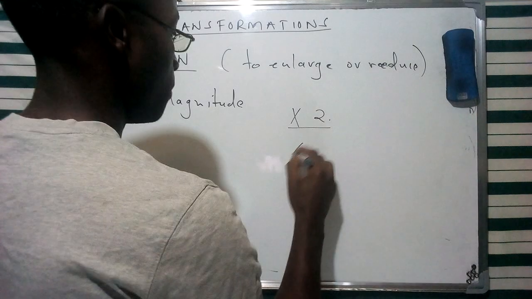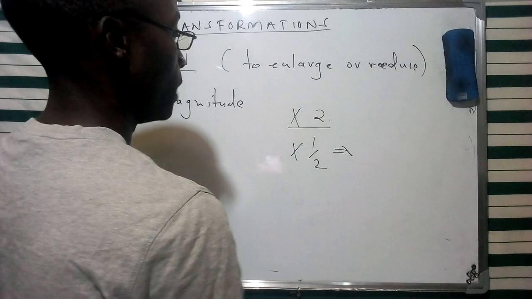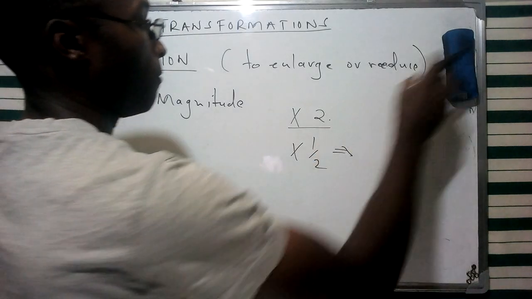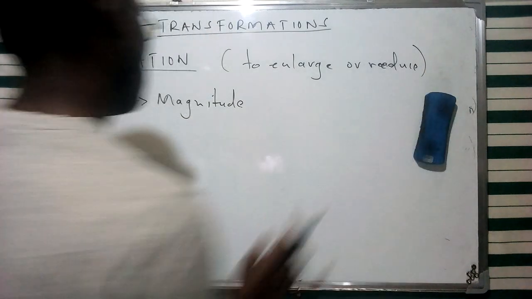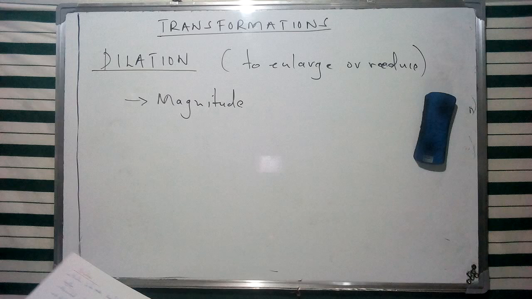If we perform a magnitude of times a half, this implies reducing that object to half its size. This is more elaborate if we perform an illustration and see how it can be performed.